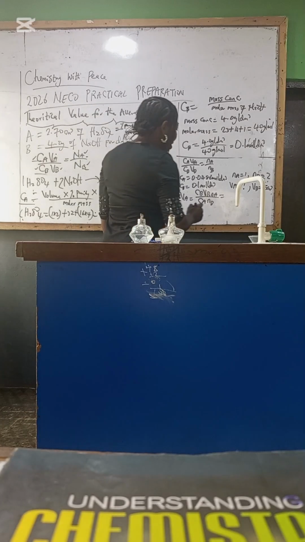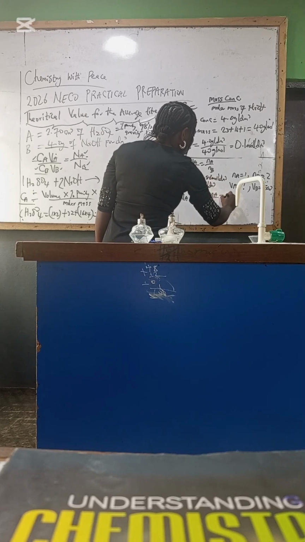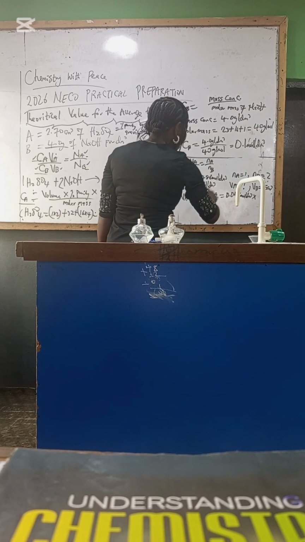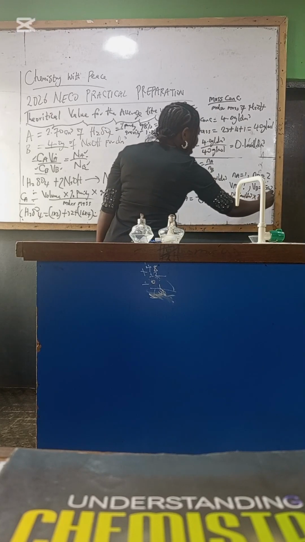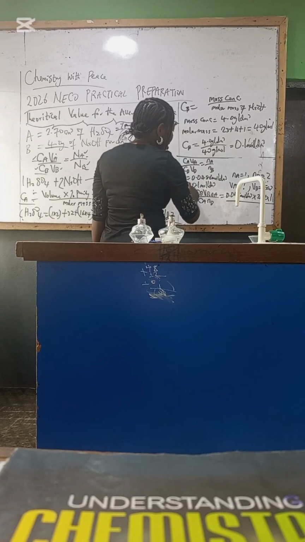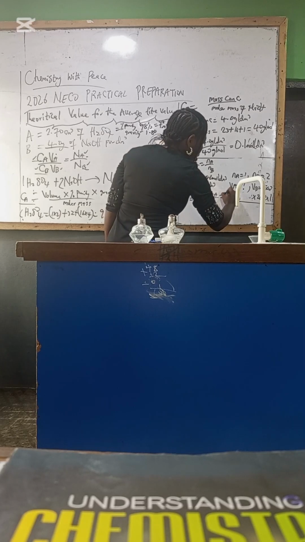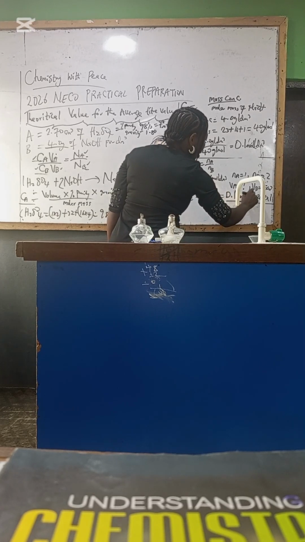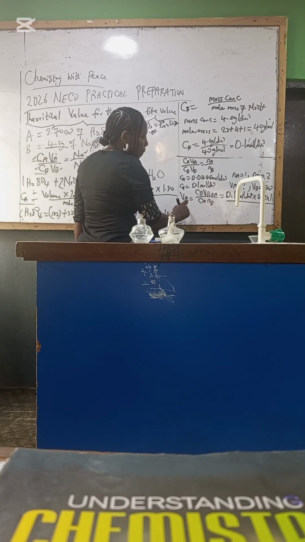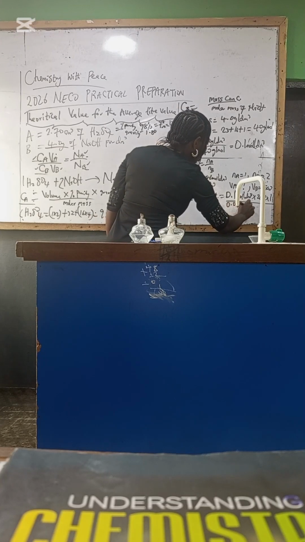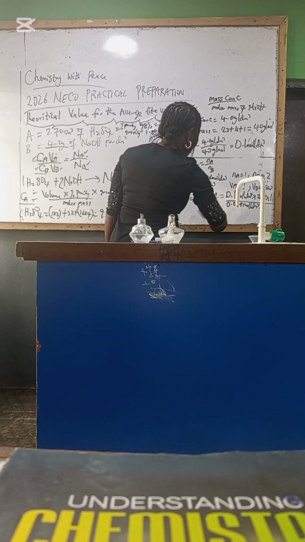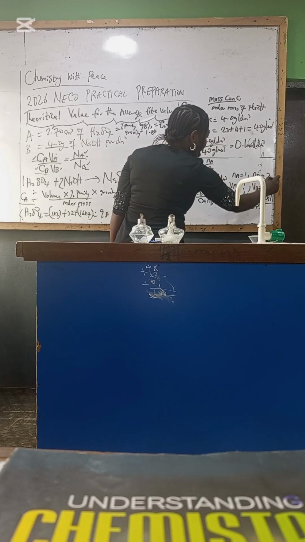Let's substitute the values. Our CB is 0.1 mole per dm cube times our VB, 25 centimeter cube, times our NA, 1, all over our CA, 0.048 mole per dm cube, times our NB, which is 2.